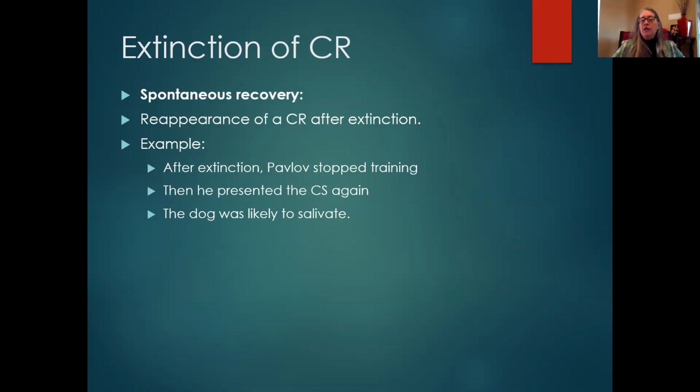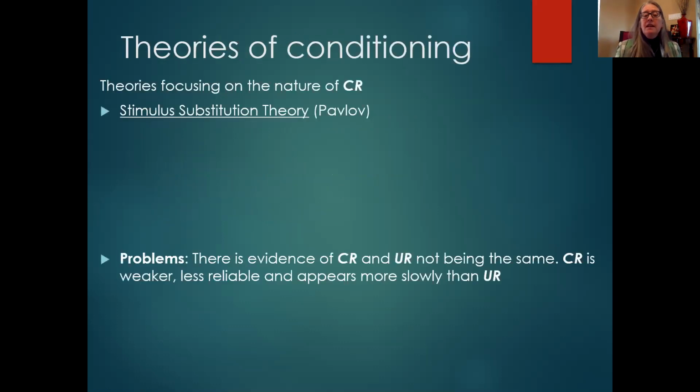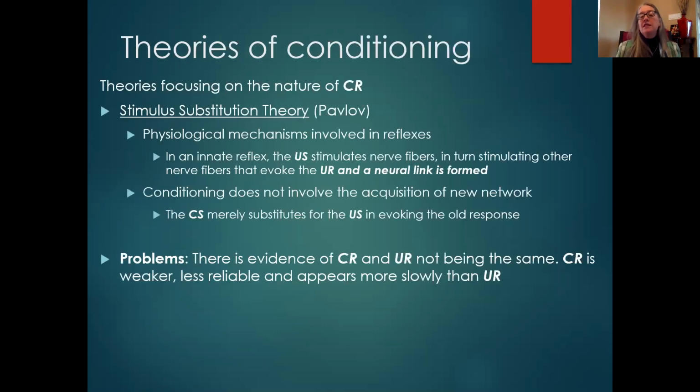When that happens, we call it spontaneous recovery, and it's a fairly common phenomenon. Spontaneous recovery is when, after extinction, the presentation of the CS leads to the CR. Most of the time after extinction, you present the CS and you don't get the CR, which means extinction has happened. But every once in a while, we'll have that spontaneous recovery. Right? So the next thing I want to talk about are the theories of conditioning.